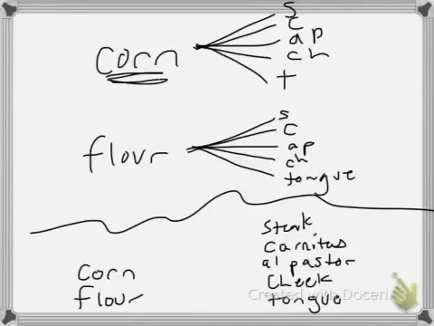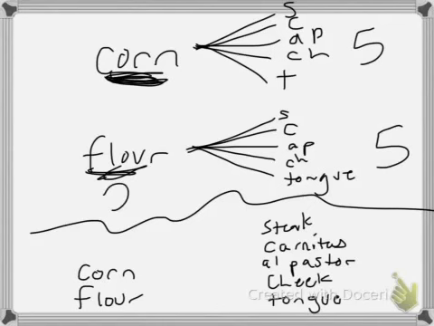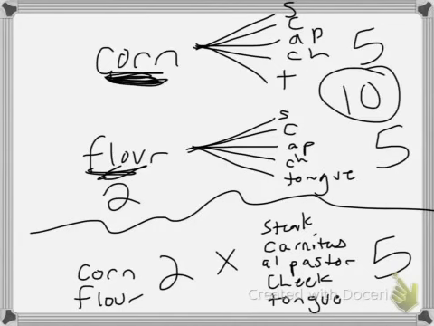When I get corn, there are 5 different options, and when I get flour, there are 5 different options. So since I have 2 options for tortillas and 5 options for meat, all I'm going to really do is multiply them together, and you can see that I have 10 total options. So that's really all there is to it.